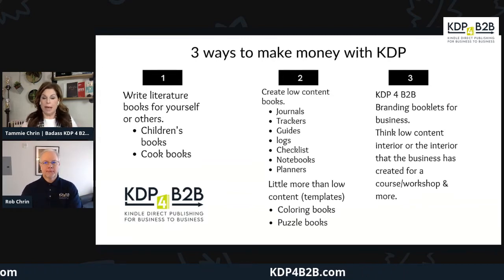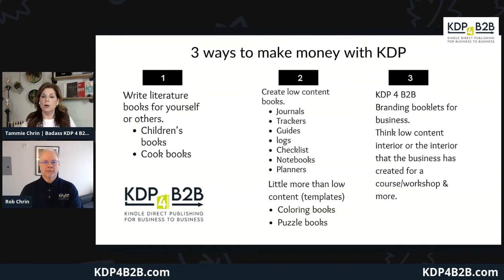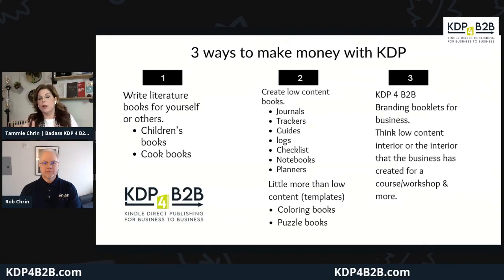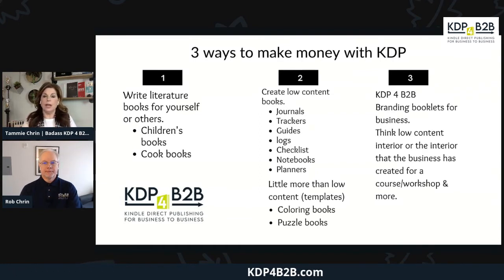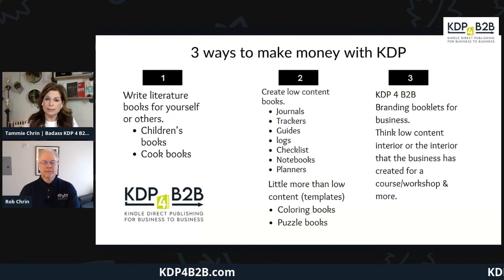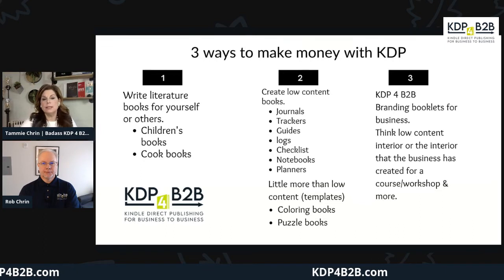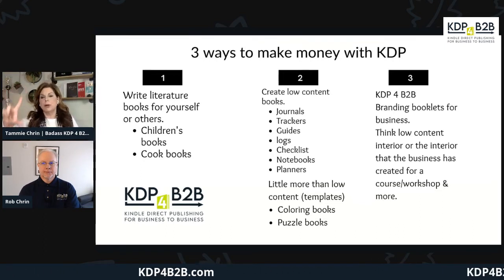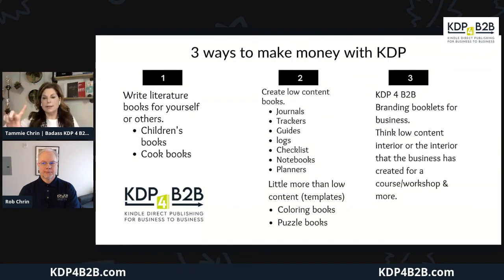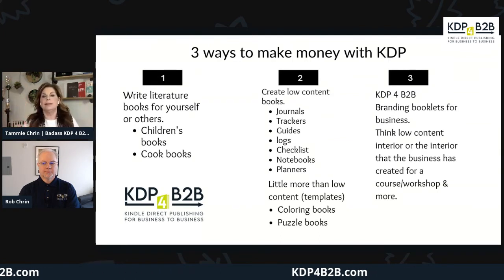So let me take a step back. KDP for B2B is Kindle Direct Publishing for business to business. What I found from my history, I started going out and talking to businesses. And when I started doing that, I realized we could take the low content KDP model and add their brand logo, contact information, and create the booklets.